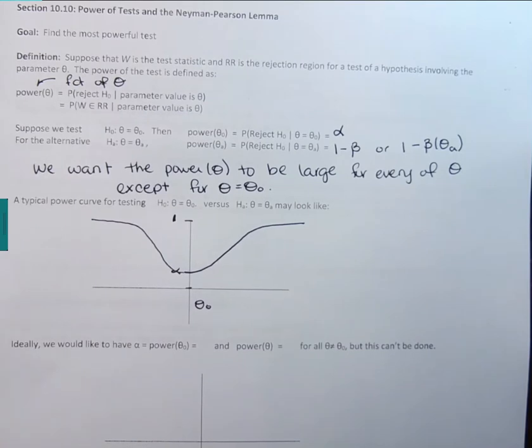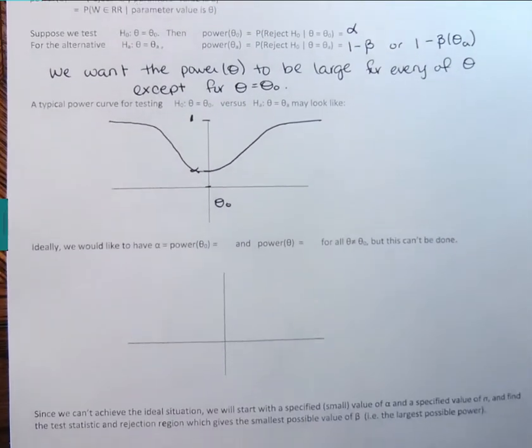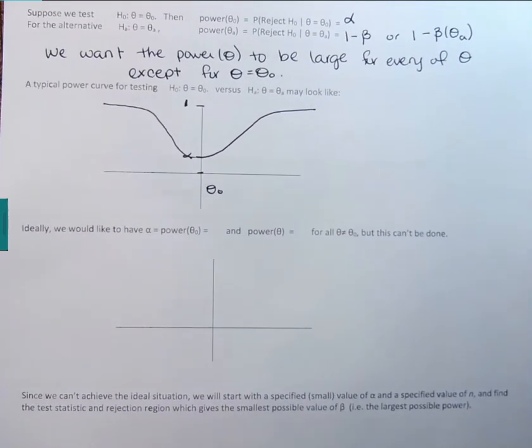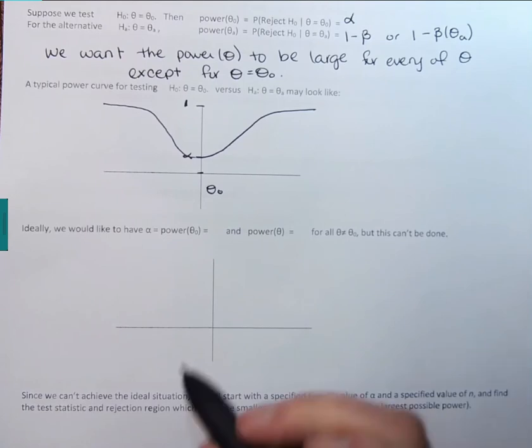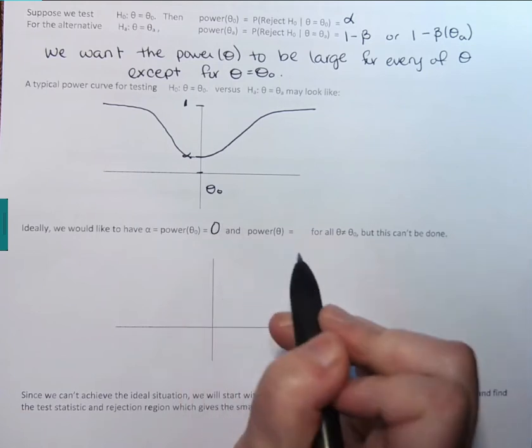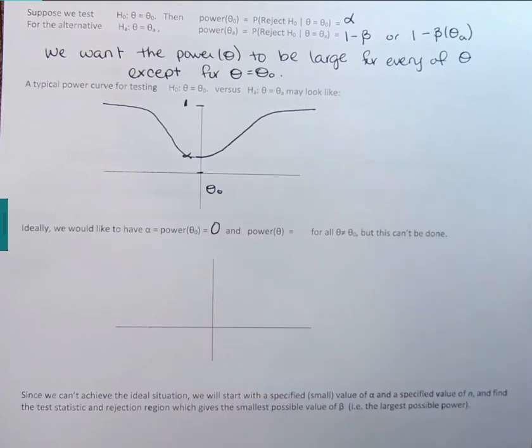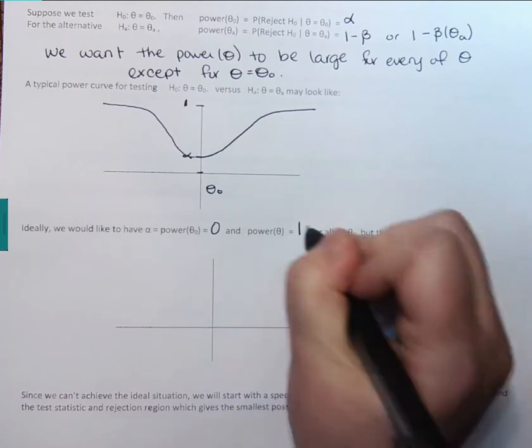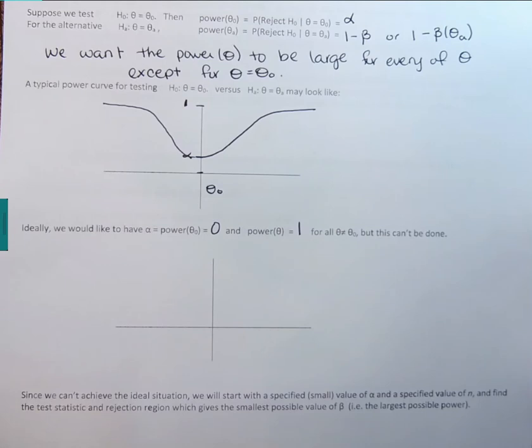The further we get into the alternative hypothesis, the higher the power is going to be. Now, ideally, we would like alpha, or the power at theta naught, to be equal to 0. In other words, when we're at theta naught, we don't want to reject at all. And when we're anywhere other than theta naught, we'd like the power to be equal to 1.